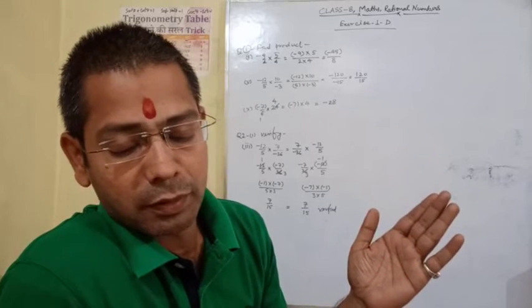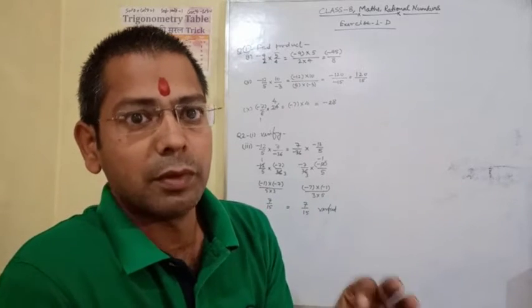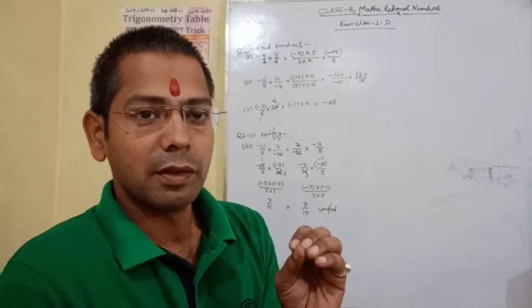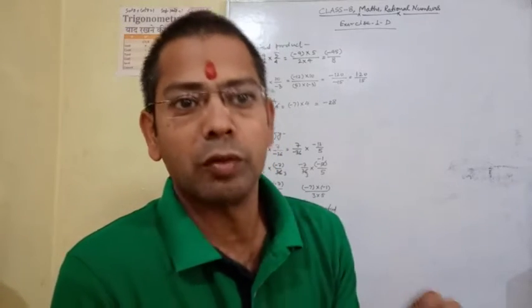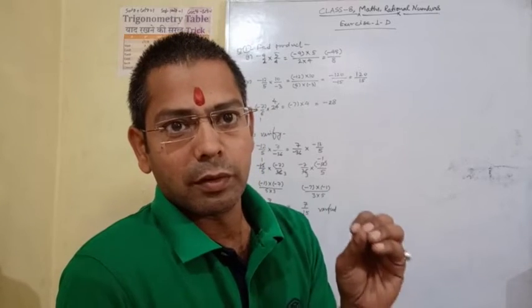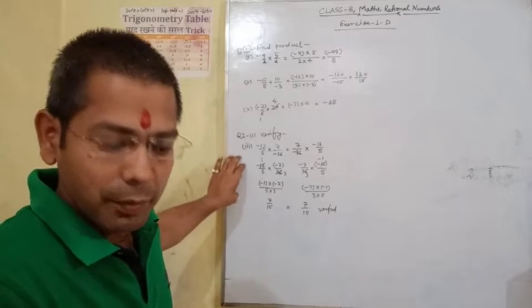On both sides, the result should come equal. In that case, we will say that the multiplication of the given rational numbers is verified. The same I have done in the third part.